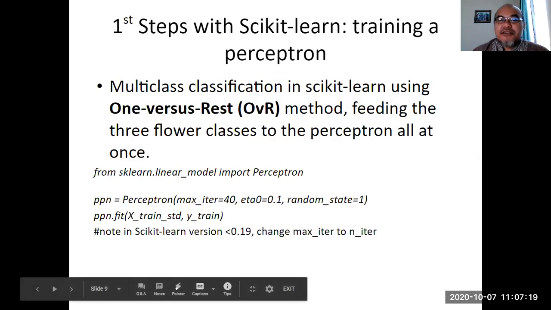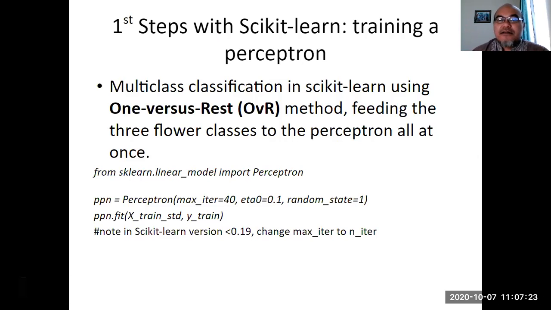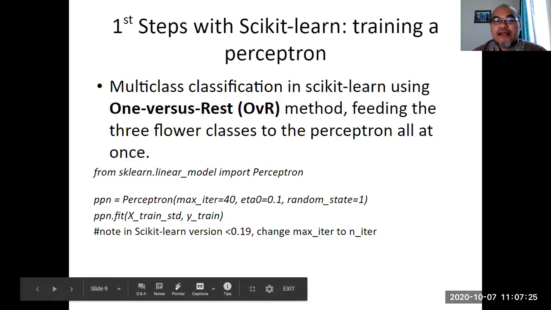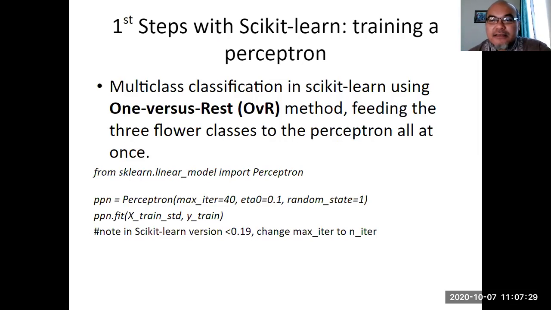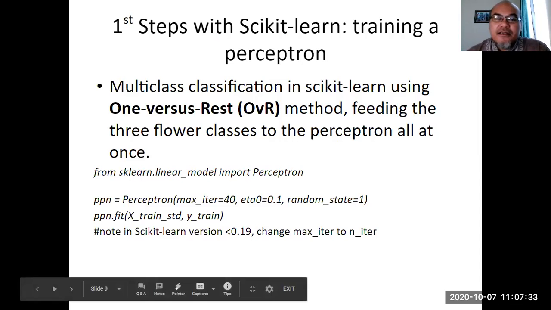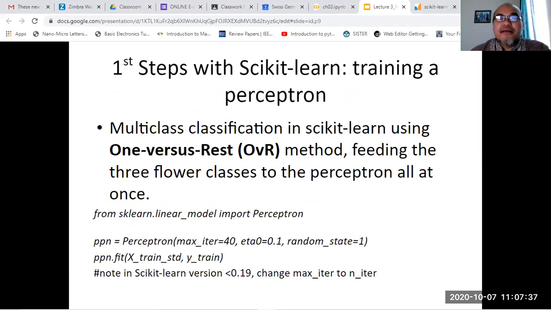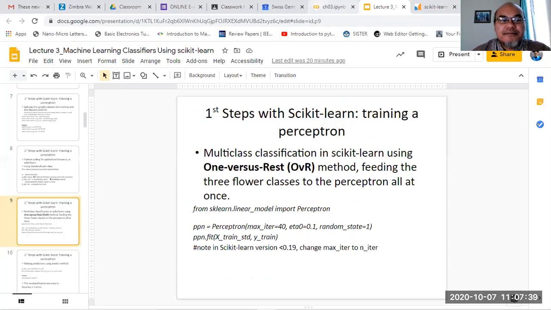In the old version of scikit, the max_iter is usually called n_iter. So be careful: if it doesn't run properly when you run it, then maybe you have a newer version. In the newer version, n_iter is changed to max_iter. Okay, so let's try to learn this.